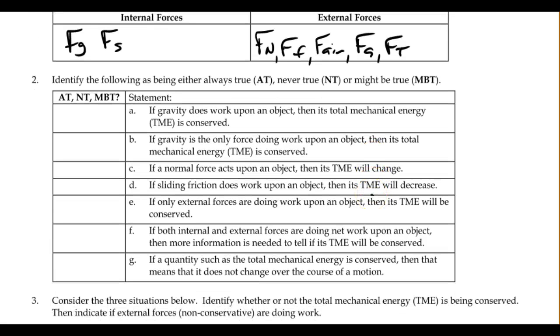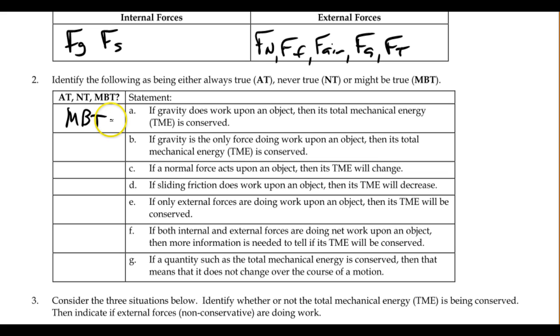Okay, so always true, not true, or might be true for these statements. If gravity does work upon an object, then its total mechanical energy is conserved. That might be true. If there are no other forces acting upon it, then the only force acting upon it was internal, then it would be conserved.